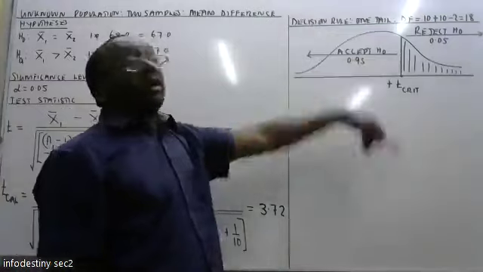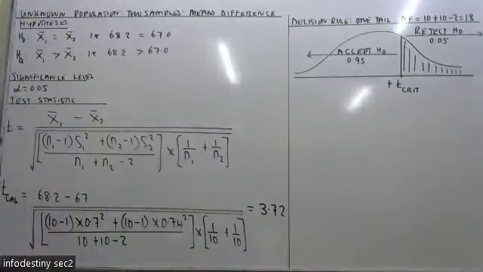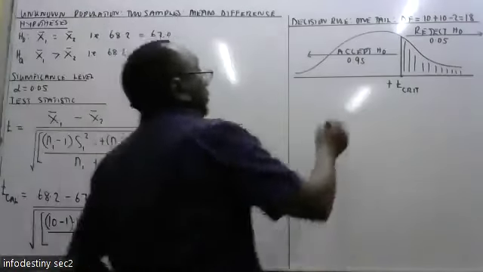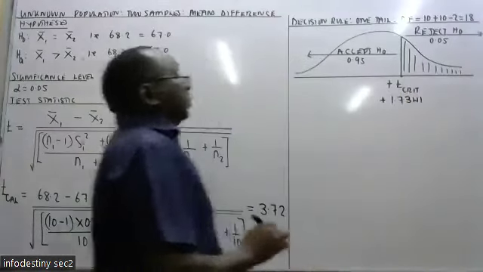Usonge kwa 95 alafu teremke kwa namba 18. Give me that value. 1.7341.